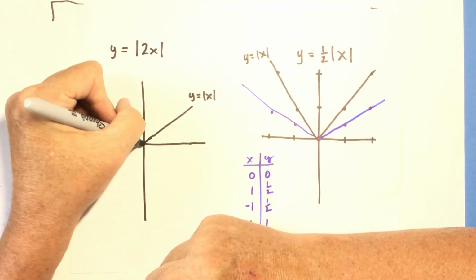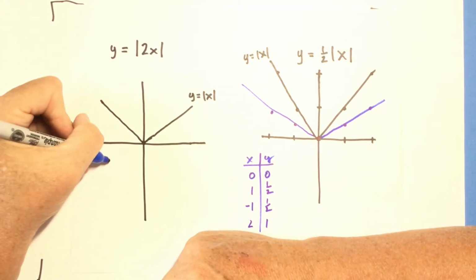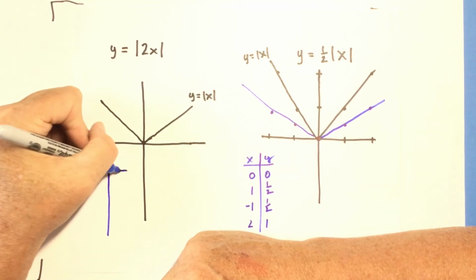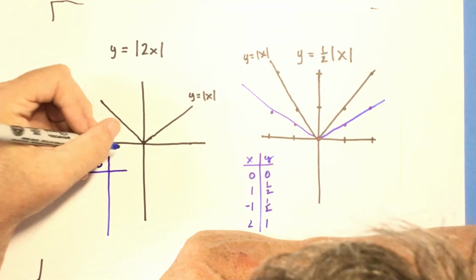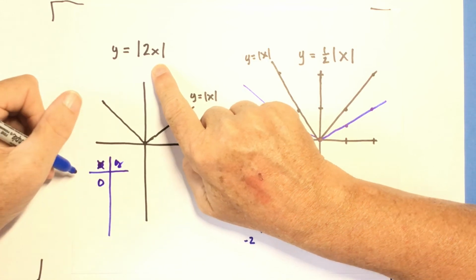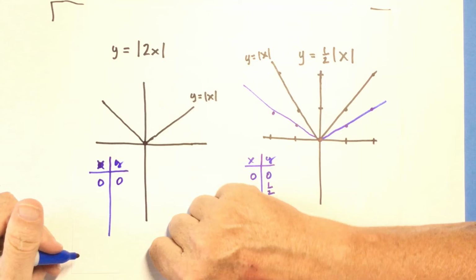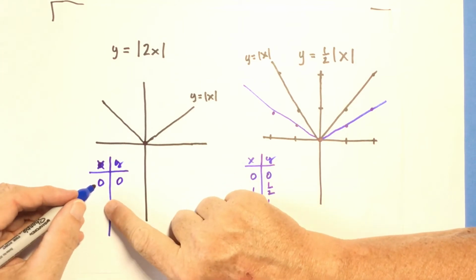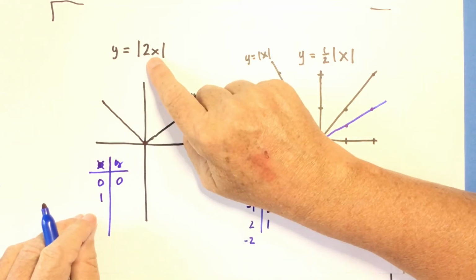Now let's see what happens here. Let's plot some points for our new graph. When x is 0, well, 2 times 0 is 0. y is still 0. So we're still right there. No problem there. When x is 1, well, 1 times 2 is 2.